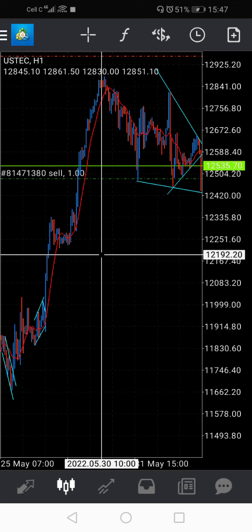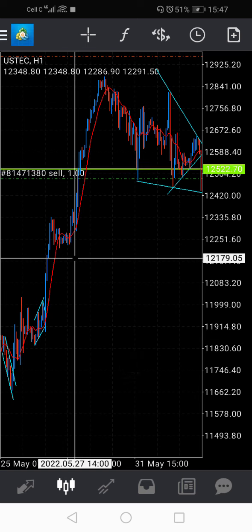Here already we made a high, then a low, then a lower high, a lower low, a lower high, lower low, and then a lower high again. Then maybe something happened in the market, but we made a lower low, then a lower high, lower low.